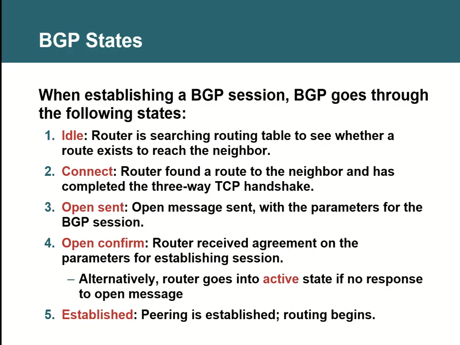For the three-way handshake to be successful, you should have configured BGP on both the routers. If not, the three-way handshake will stop after the two-way handshake. It will reset. Then it won't go to open send, it will go back to active state because connect state is not completed.